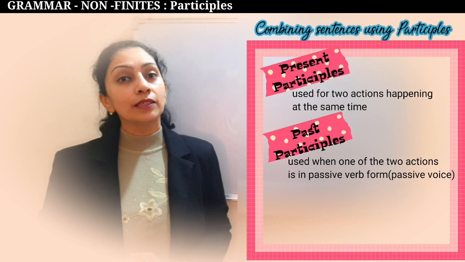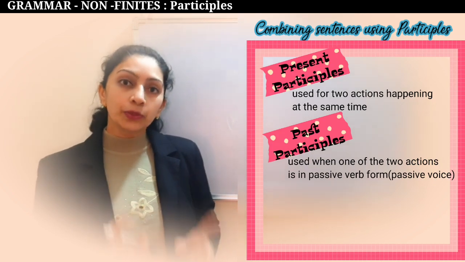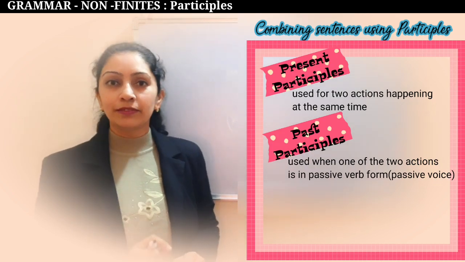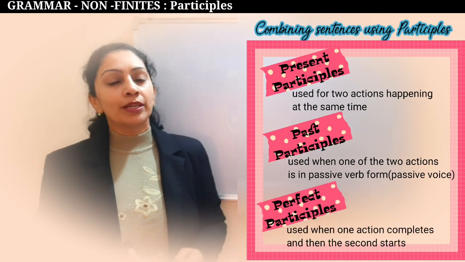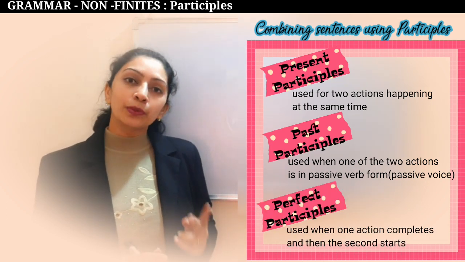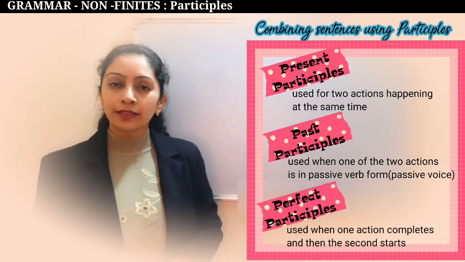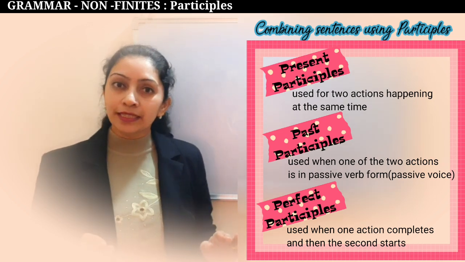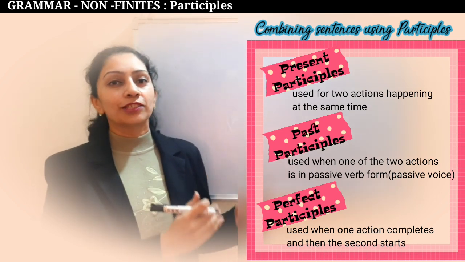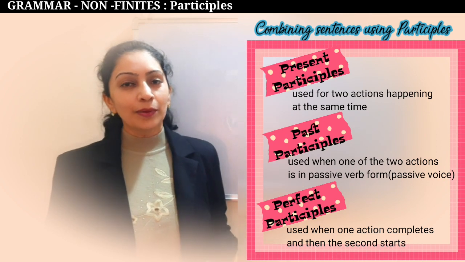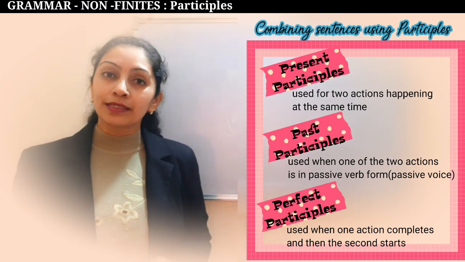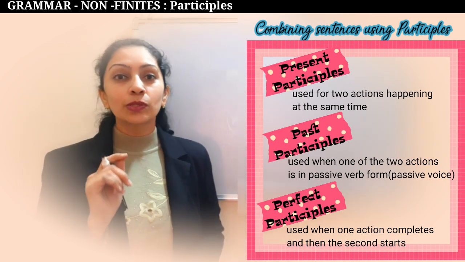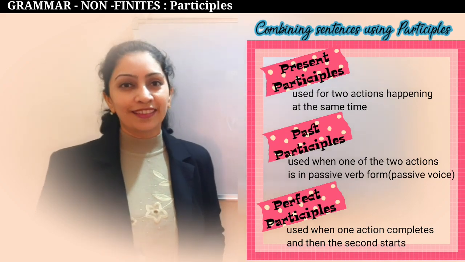Past participle is used when in one of the two sentences you have a passive verb. And perfect participle is used when you have two actions where the first action happened, it was completed, and then the second action started. So that's how you combine two sentences using participles, but there is also an exception. Let's look at that.